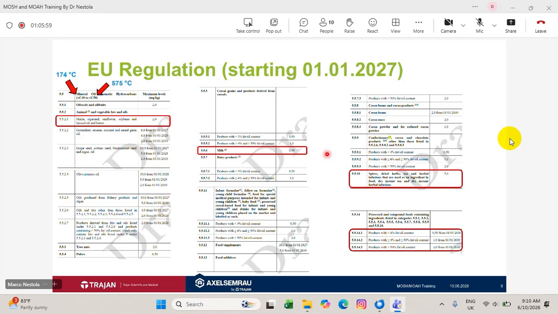C10 and C50 have a defined boiling point, and it's easier to talk about C10 and C50 than about 174 degrees Celsius and 575 degrees Celsius. But this is the boiling point range that all this legislation covers.